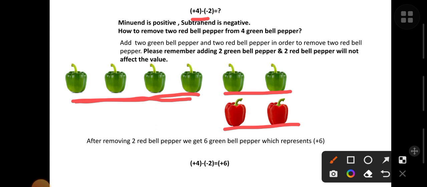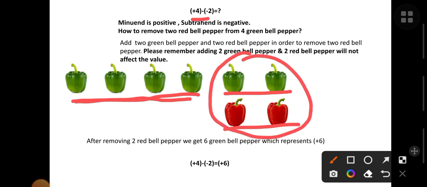Now how to remove 2 red bell pepper from the 4 green bell pepper? We are adding 2 green bell pepper and 2 red bell pepper. By adding these 2 green and red bell peppers with the existing ones will not affect the value.